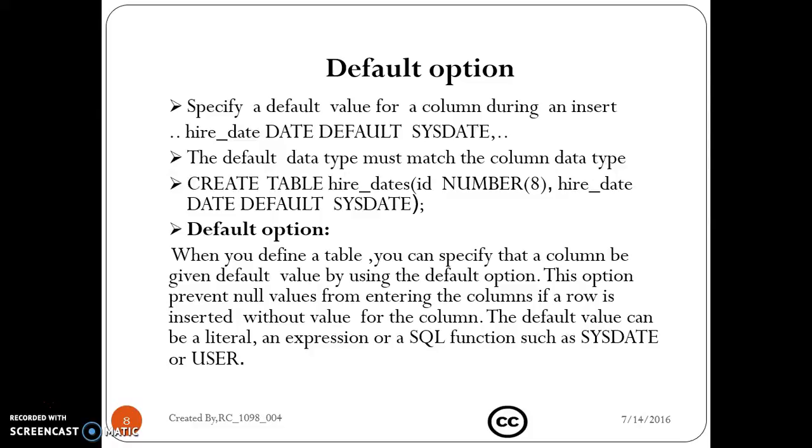So, the default option: when you define a table, you can specify that the column be given a default value by using the DEFAULT option. This option prevents null values from entering the column. If a row is inserted without a value for the column, the default value is used. The default can be a literal, an expression, or a SQL function such as SYSDATE or USER.